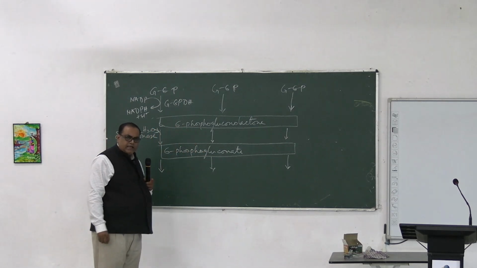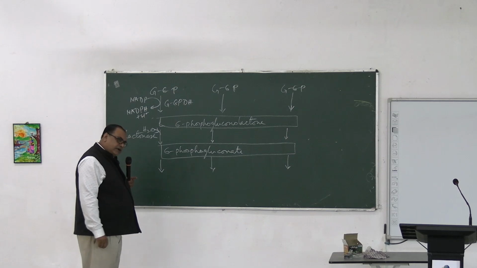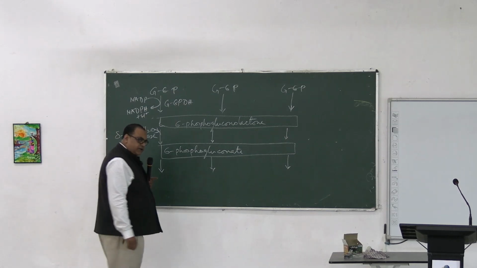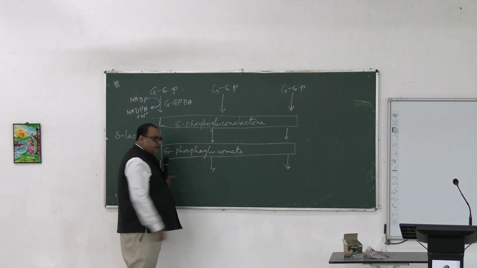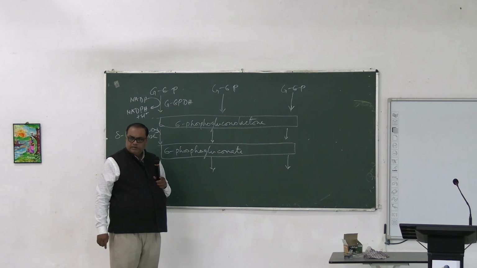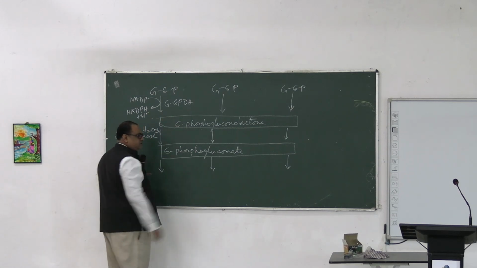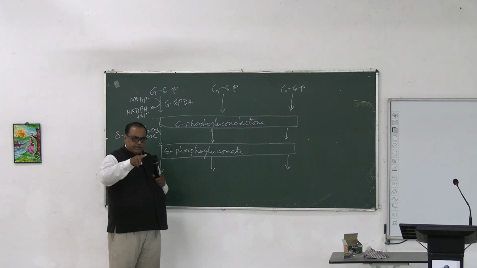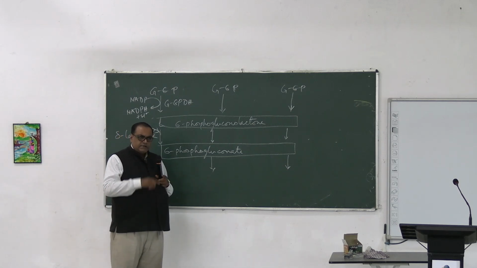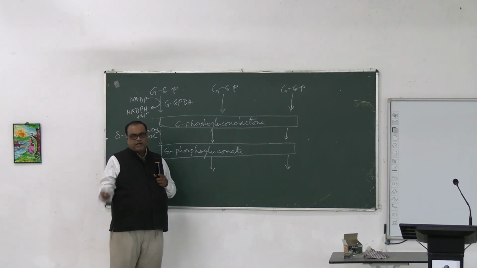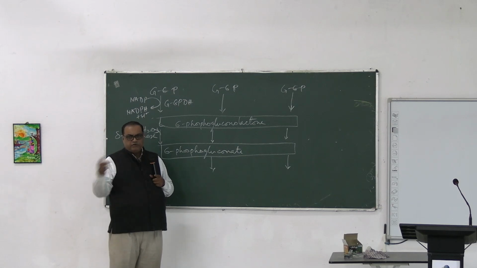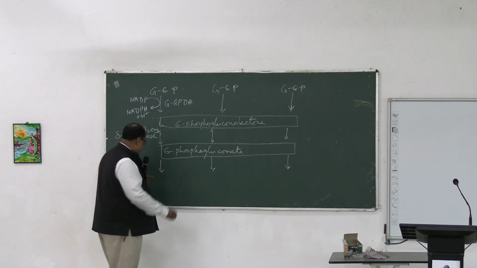Third step is similar to first step. Why? Again, the enzyme is dehydrogenase, followed by the name of the substrate. It was glucose 6-phosphate dehydrogenase. This is 6-phosphogluconate dehydrogenase. Name of the substrate followed by dehydrogenase.